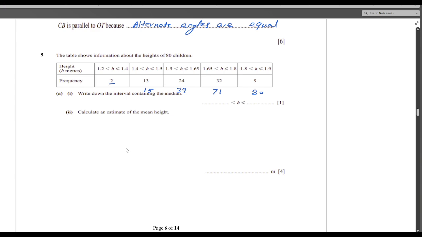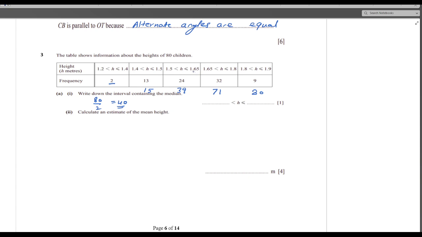Now write down the interval containing the median. So the median is 80 divided by 2, which is 40. We can see that 39 children have height less than or equal to 1.65.